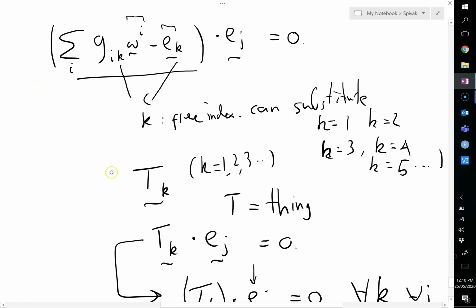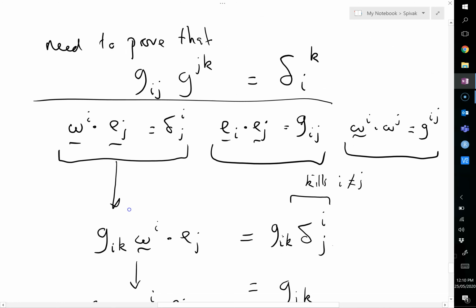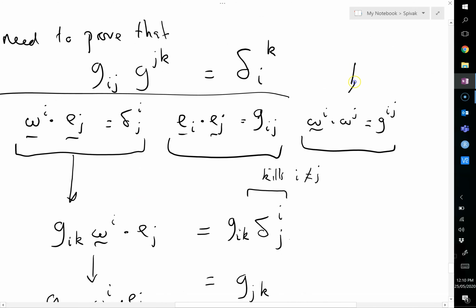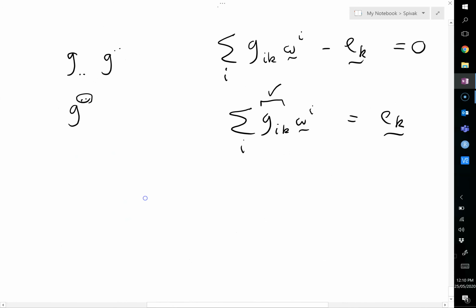Well, we should have the definition of it somewhere. Here it is. It's the dot product of my conjugate basis elements, omega^i dot omega^j equals g with my upstairs indices. So I'm going to have to use that. I'll just write it down so I don't forget it: g^ij equals omega^i dot omega^j.